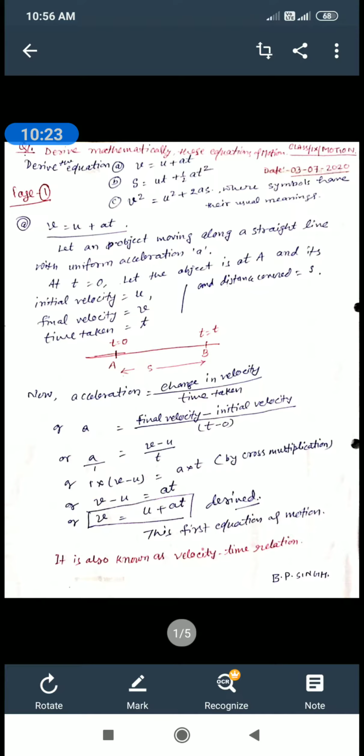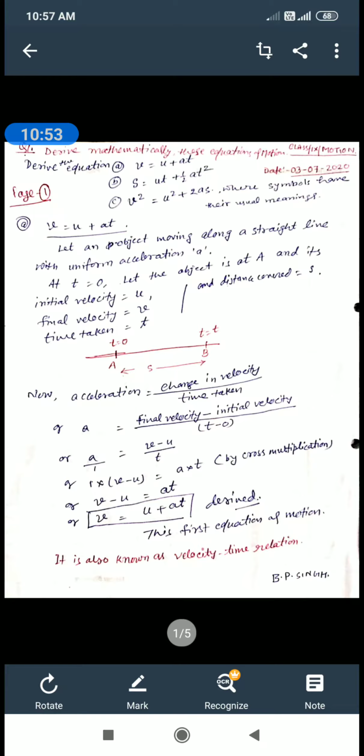We know there are various types of motion like straight line motion or rectilinear motion, that is a motion on a straight line road or straight line path. Next motion is circular motion, motion of an object on a circular path, like a circle. Path is like a circle, not straight.